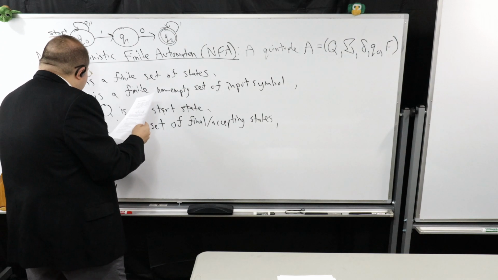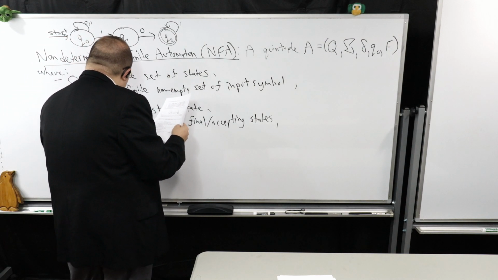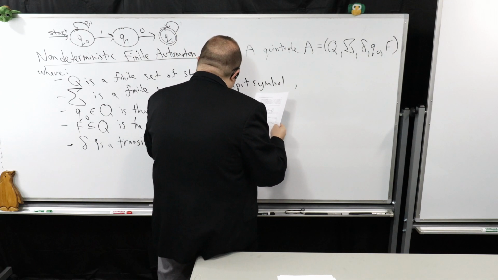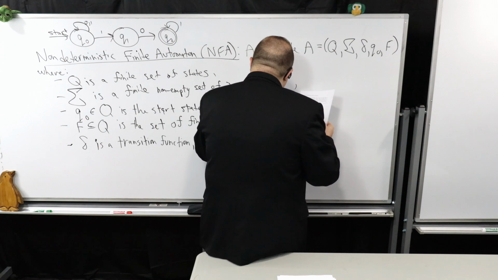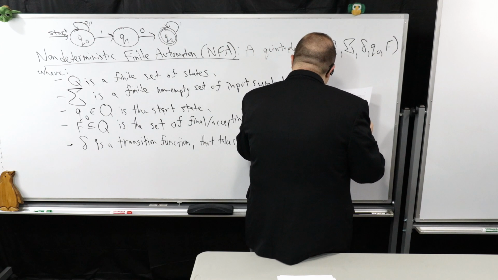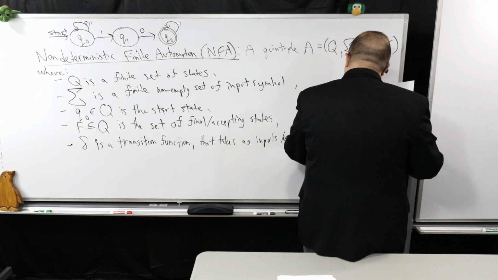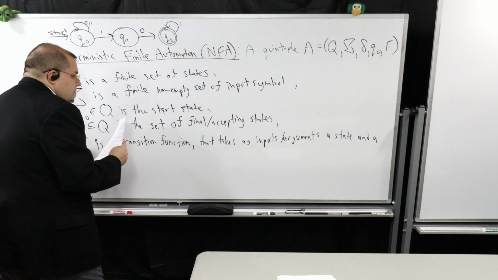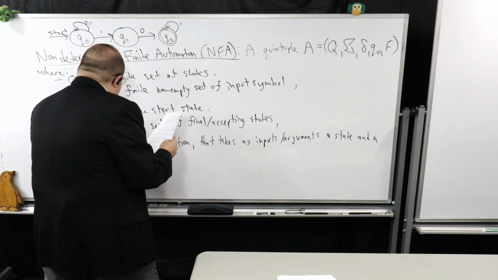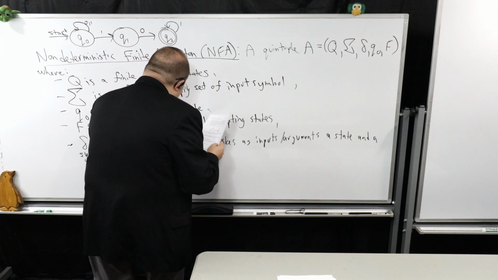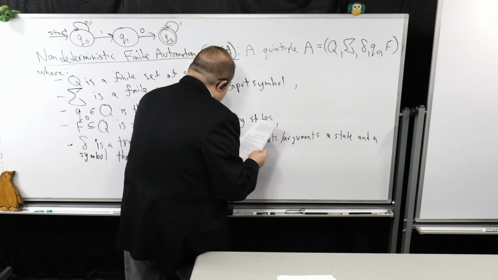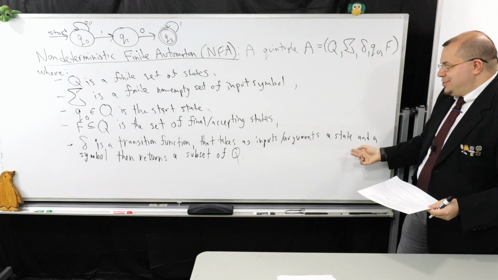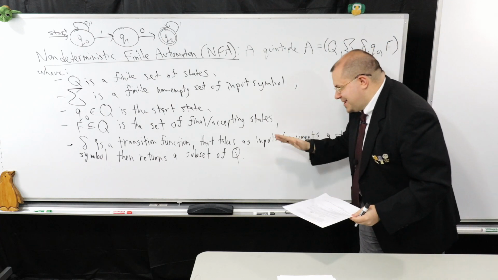So delta is a transition function that takes as inputs or arguments, however you want to say it, a state and a symbol, then returns a subset of Q. Like I said, instead of going from a state to another state, it's going to go from a state to a set of states, some subset of Q.